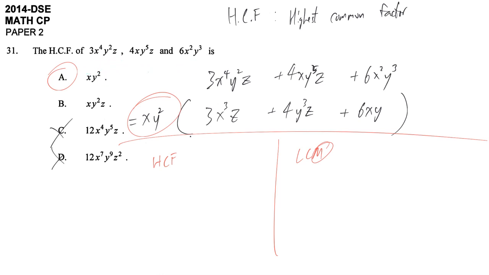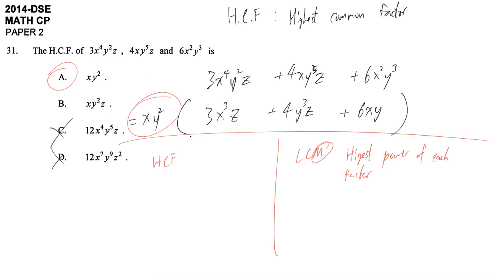So for LCM we choose the highest power of each factor, to ensure that it is big enough to be divided by all these items. This is called LCM, least common multiple.